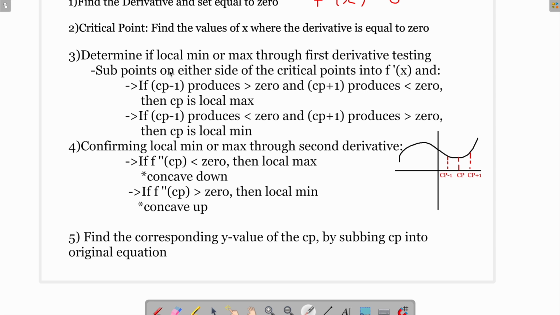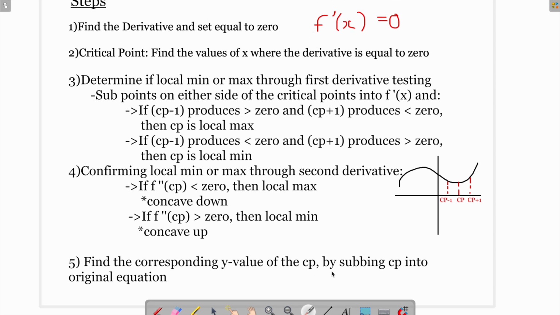So if you sub in, let's say here, if f'(x) at the critical point minus 1 is greater than 0, and also f'(x) at the critical point plus 1, so either side of the critical point where x is the critical point, is less than 0.